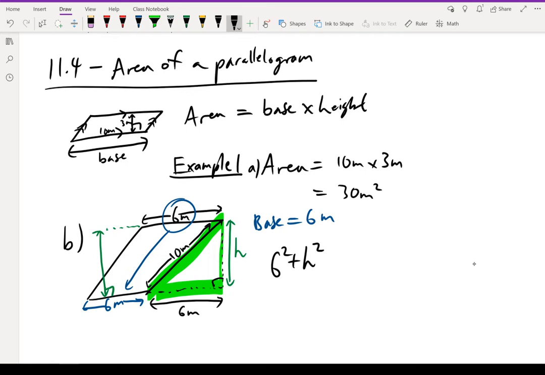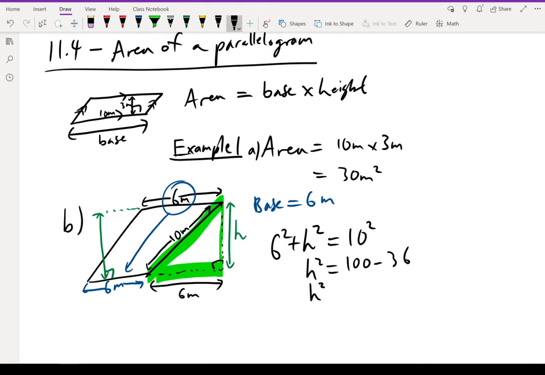It is the two sides which form the right angle, which is 6 and h. 6 squared plus h squared is equal to 10 squared, and then that means h squared is equal to 100 minus 36, which means that h squared is equal to 64. 64 happens to be a perfect square number, which means that h is equal to plus or minus 8.